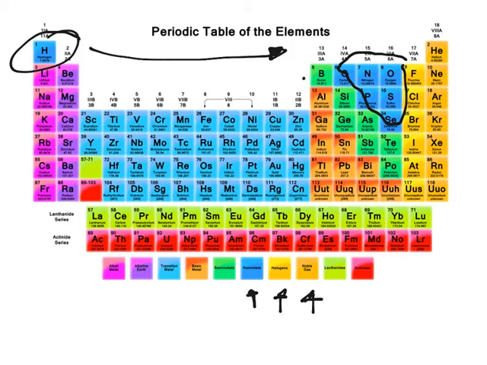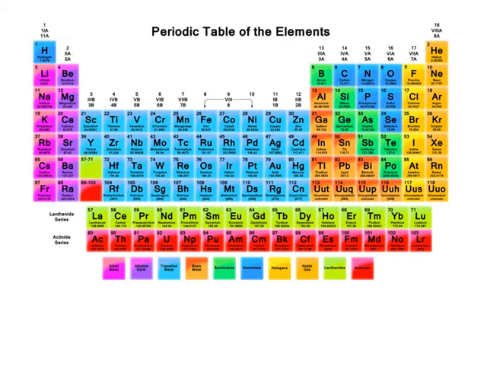Then this section is the halogens. Group 7A are the halogens: fluorine, chlorine, bromine, iodine, astatine, and tennessine.